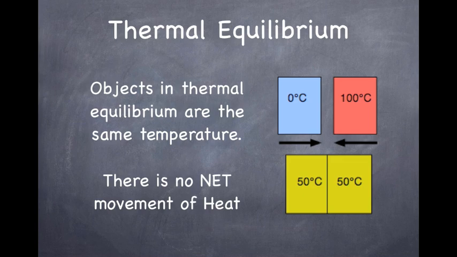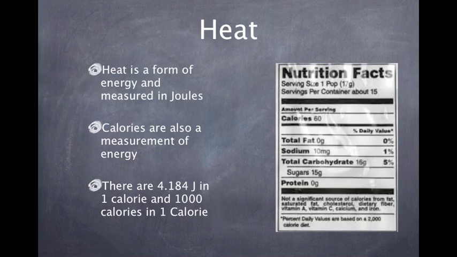You learned about equilibrium last year in chemistry, and you should know that it doesn't mean that you stop the reaction. It just means for every one that goes forward, there's one that goes backwards. It's the same thing with thermal equilibrium. So objects must be at the same temperature to be in thermal equilibrium, and all objects will move toward thermal equilibrium. In fact, the more contact, the more likely it is, but all objects will move toward thermal equilibrium.